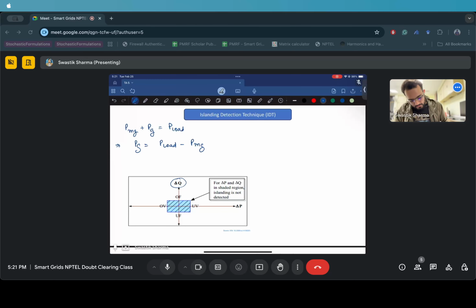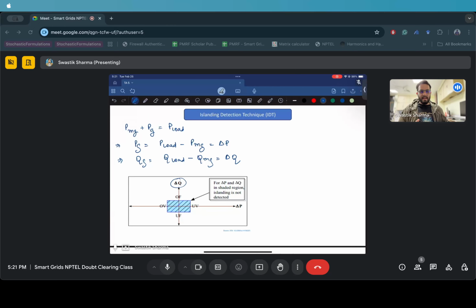So this is my delta P, and we were taking this power from the main grid. Similarly, QG is nothing but we are also taking some reactive power from the main grid, and these are the deviations in both my active as well as reactive power, right?